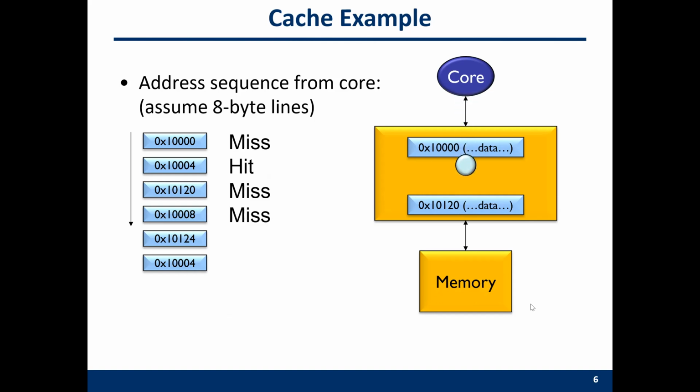And then we read the next line. Unfortunately, it's a miss because for this one, the maximum value is... and then the next line will be this line.